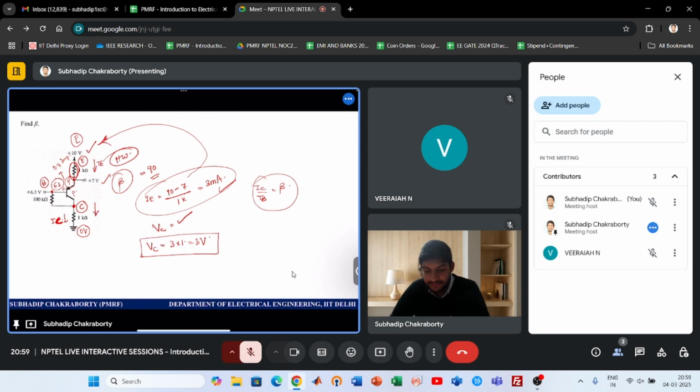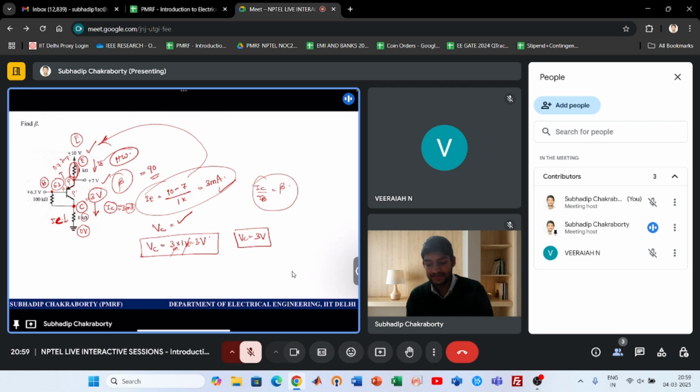I am assuming that IC and IE are almost the same. So IC is also 3 milliamps, and 3 into 1 is nothing but 3 millivolts, right? Sorry, milli and kilo, so 3 volts. So VC is 3 volts.